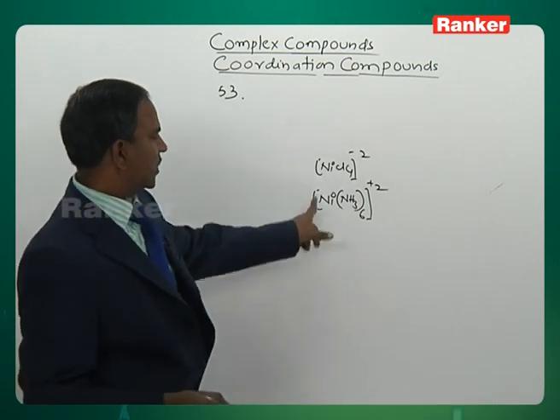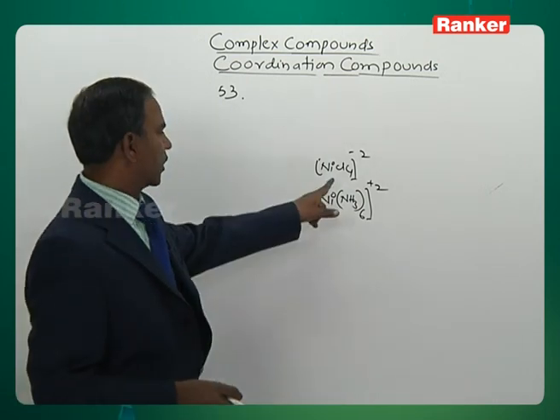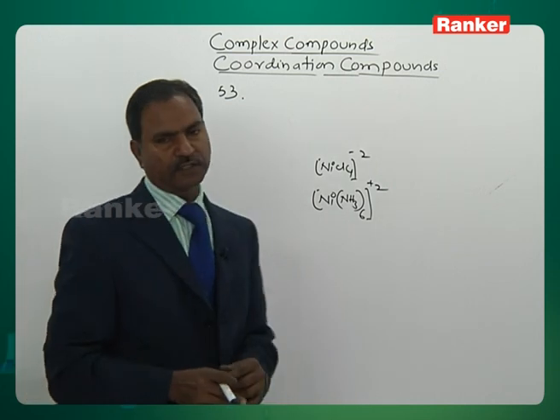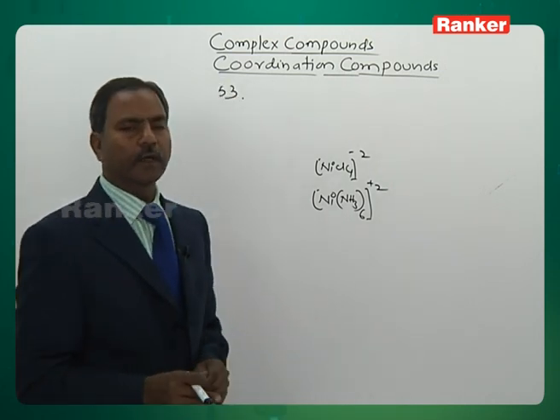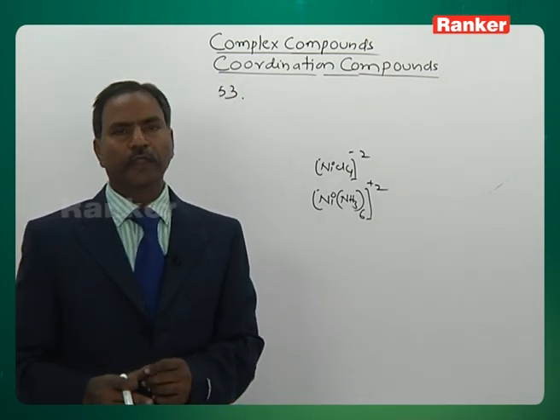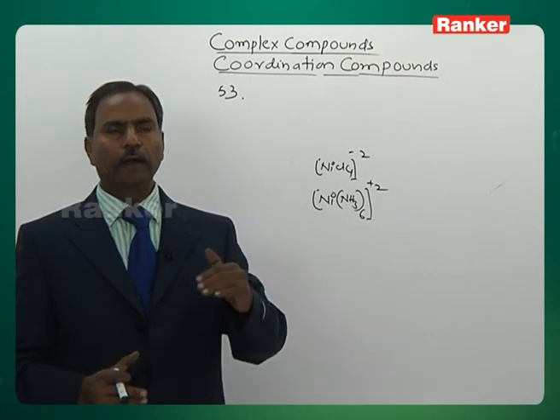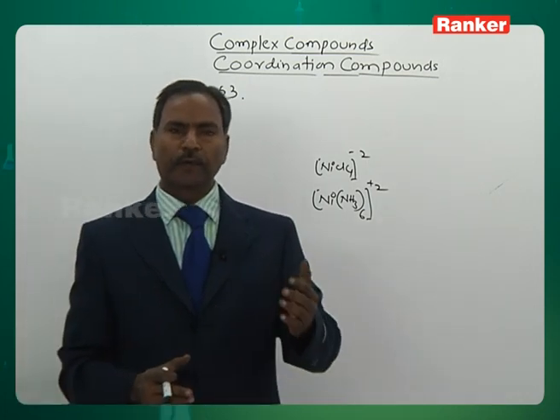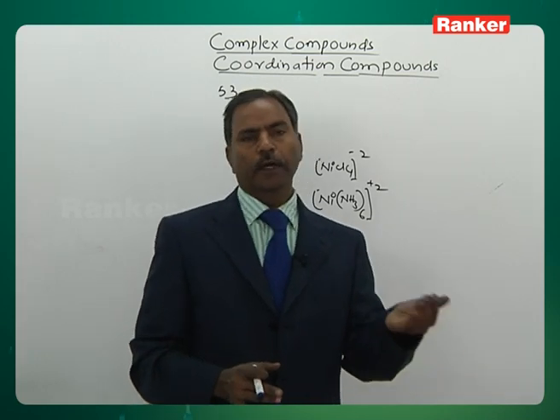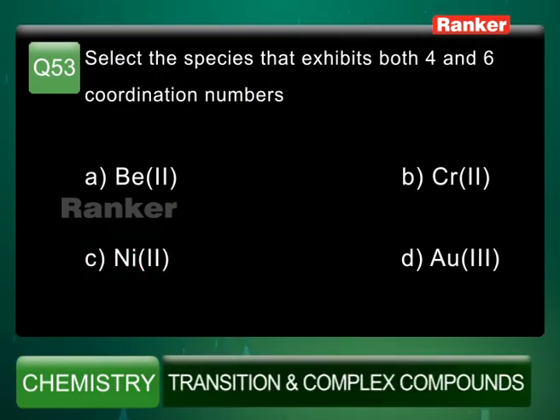In both complexes nickel is plus 2, but here the coordination number is 4 and here it is 6. The correct answer is that nickel in the plus 2 oxidation state exhibits coordination number 4 and also 6. So the answer is C.